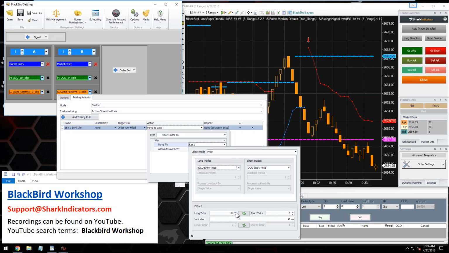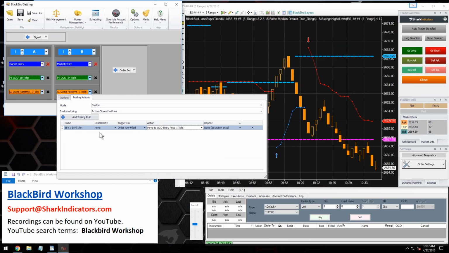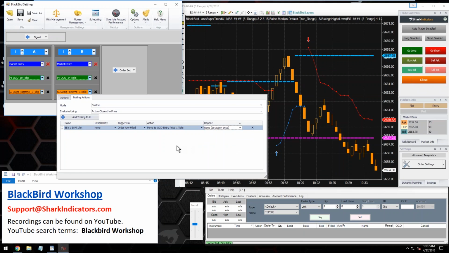And then we will add a tick to that. So one tick above the entry price for a long trade is a break even plus 1. And break evens only happen once, so the repeat can be left on no repeat. You can't repeat a break even. It only happens once. And there we go.